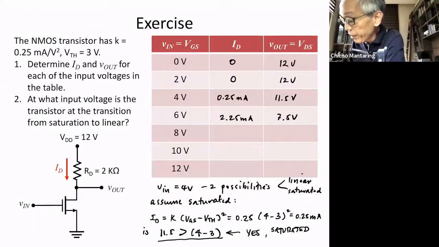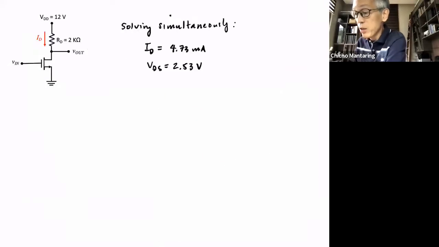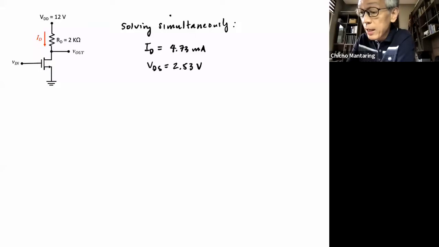So this is 4.73 mA, and this is going to be 2.53 volts. Okay, and you can do the same thing for 10 volts, and also for 12 volts. No? So as an exercise, try to do the same thing for 10 volts, and then also for 12 volts.